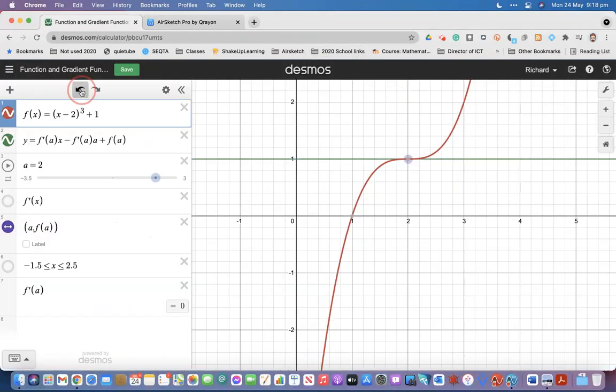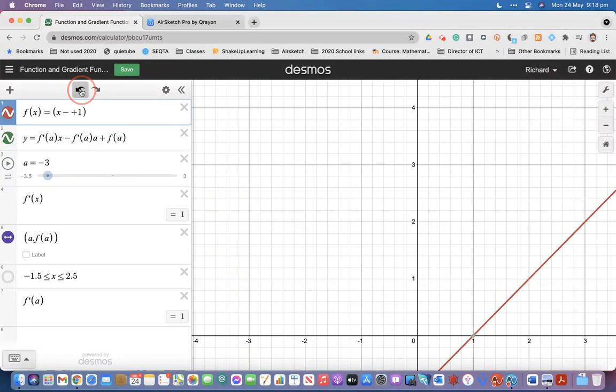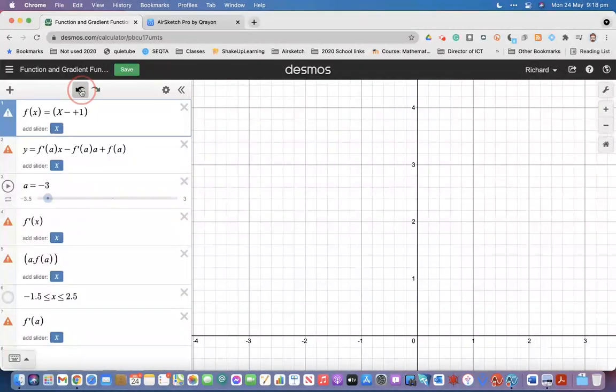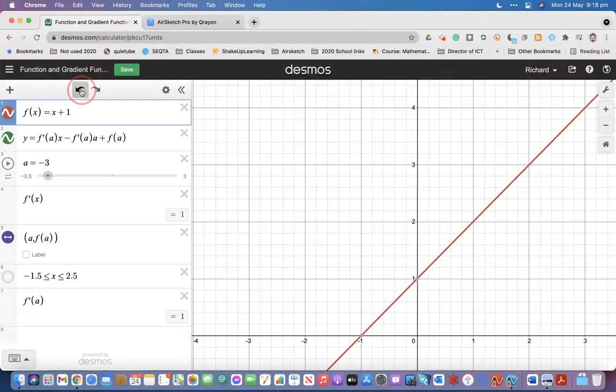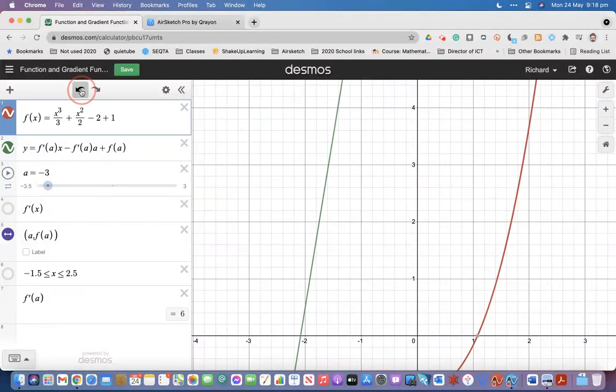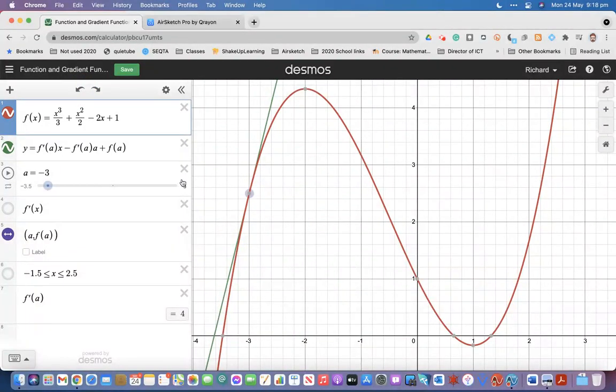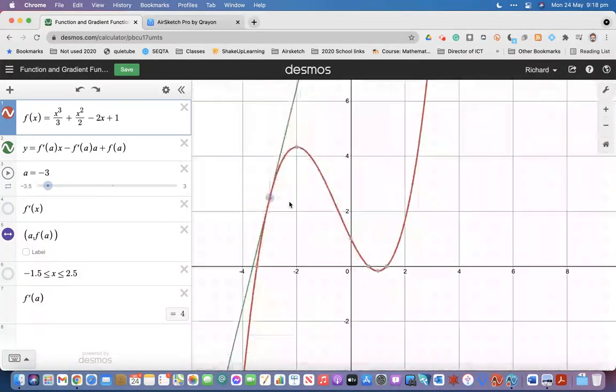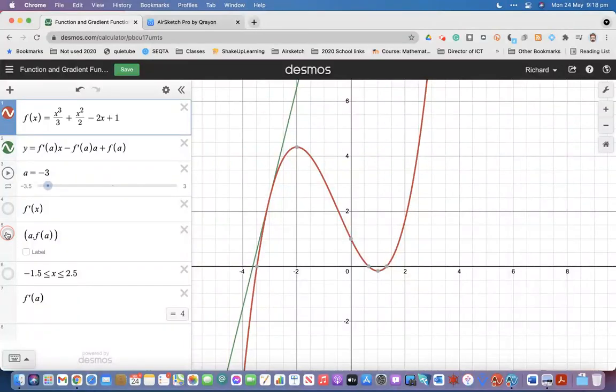So if I can just click on undo until I get back to that interesting looking function. Would have been faster to type it in. There we go. I'll just zoom out a little bit as well, and turn off this and this. So we can see that we've got a turning point here and a turning point here.